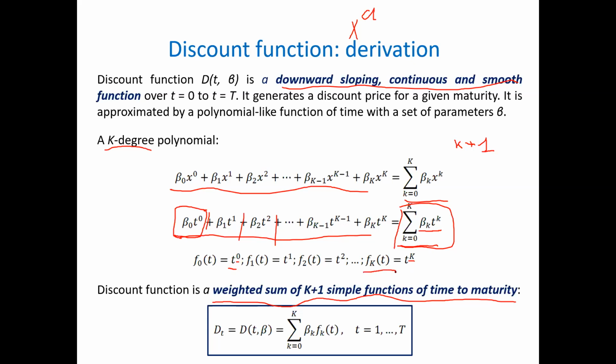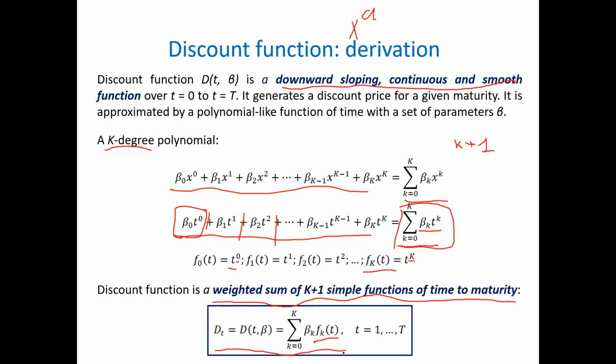So we can now be a little bit abstract and just write it like that: a weighted sum of simple functions of time to maturity, and these simple functions are power functions. Okay, so let's have it like that.